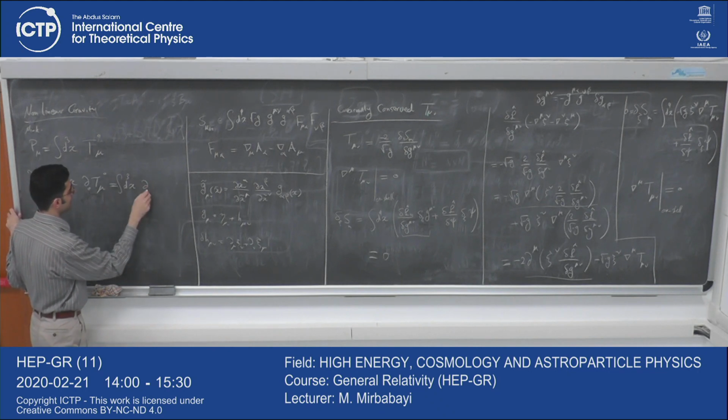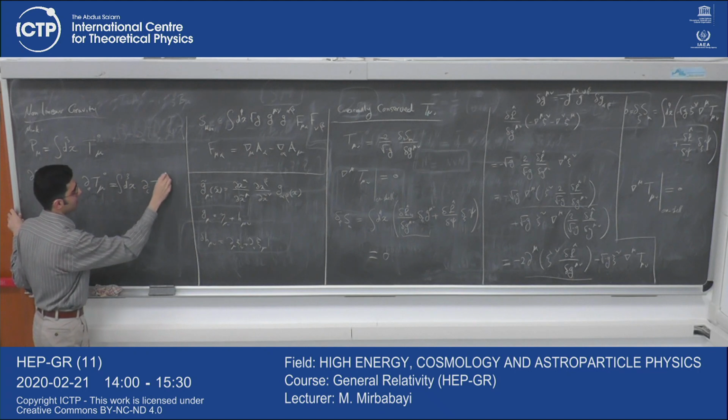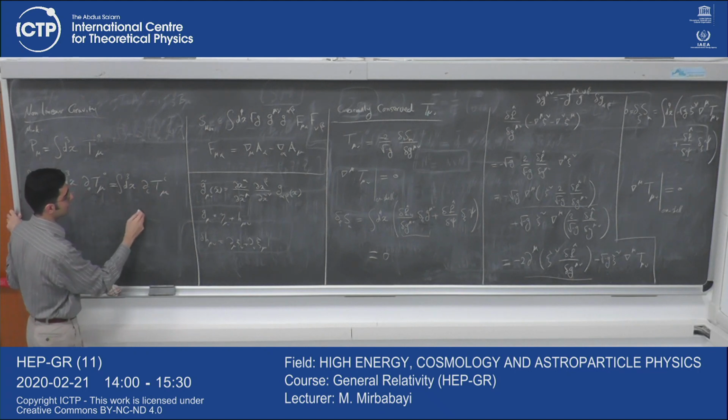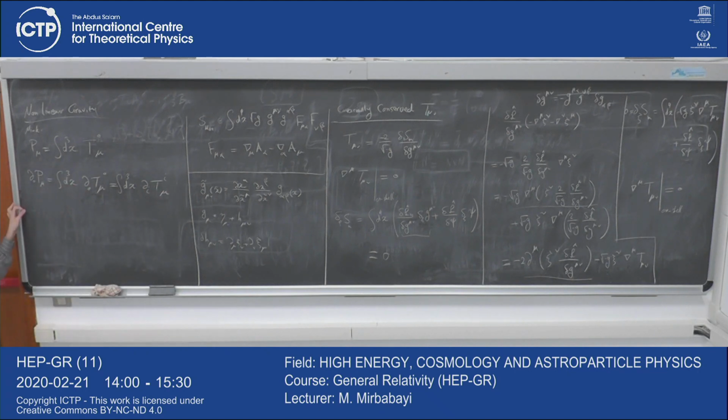Anyway, now I'm telling you. This would be the derivative of T i mu. This is a total derivative, total divergence, which reduces to a boundary term. So if I assume everything is vanishing at infinity, then I will get 0, which means I have a conserved quantity.